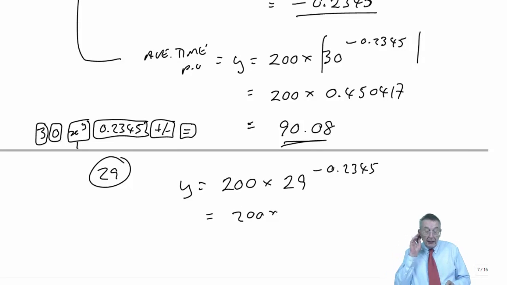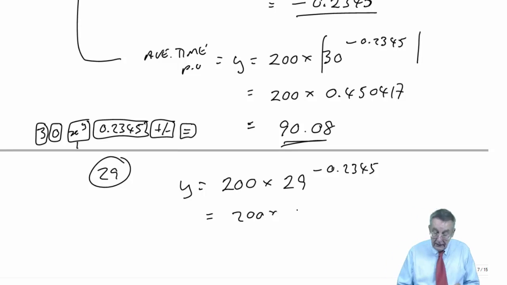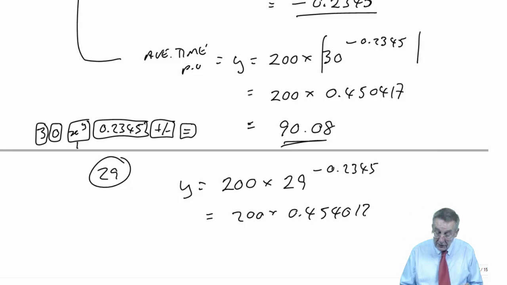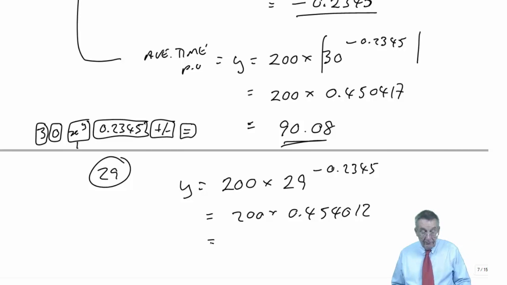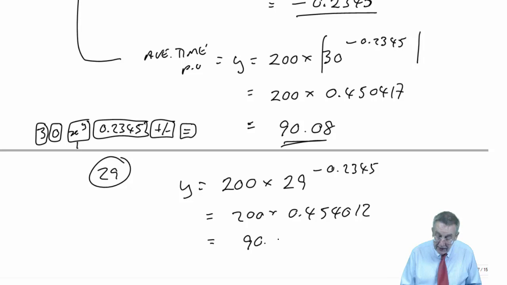Which again, just so you can check, I'll write down in full. 29 to the power negative 0.2345 equals 0.454012. Multiplied by 200, it gives me 90.80.